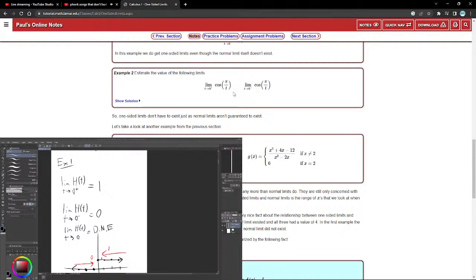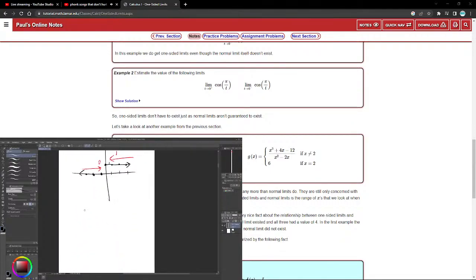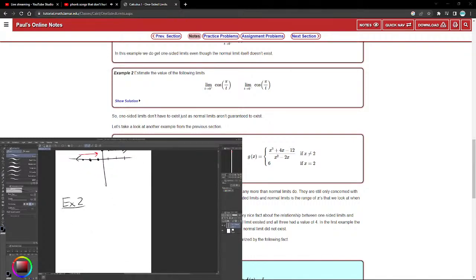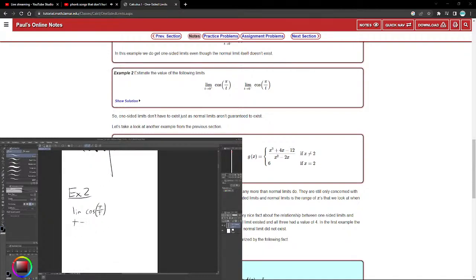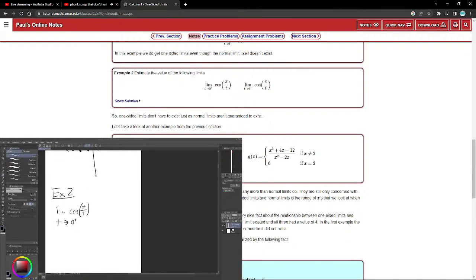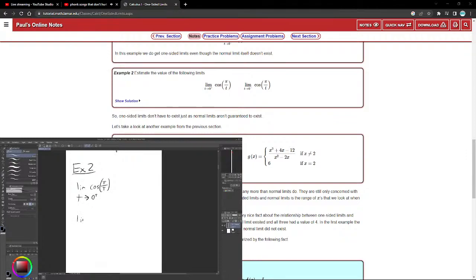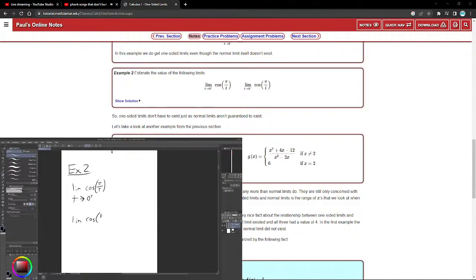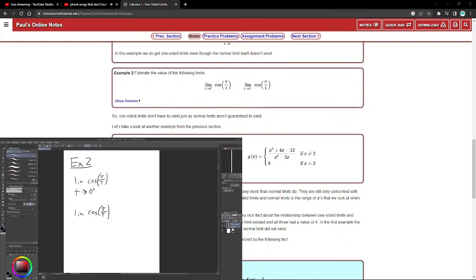Estimate the value of the following limits. The limit of cos pi over t as t approaches 0, positive, and then the same thing but negative.